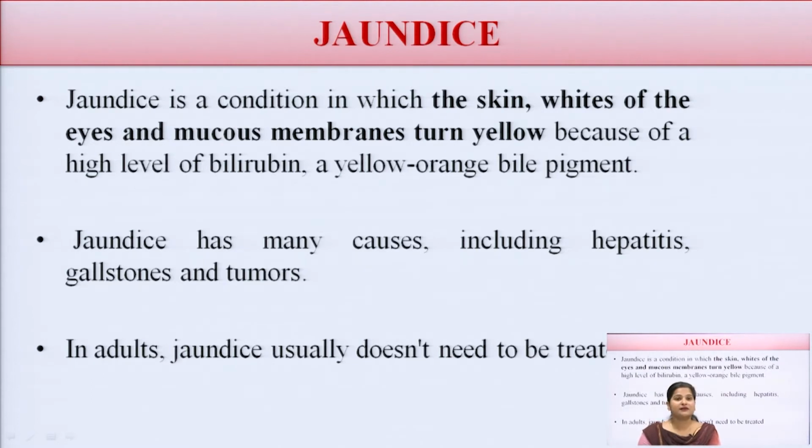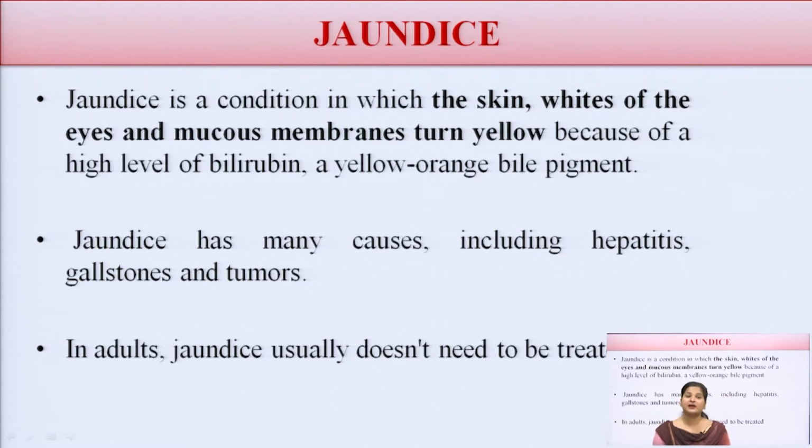What is the reason behind jaundice? The reason is an increased amount of bilirubin in the system. This yellowish bile pigment increases and is not excreted from the body, so it continuously stores in the body and shows a yellowish color, especially in the skin or eye.